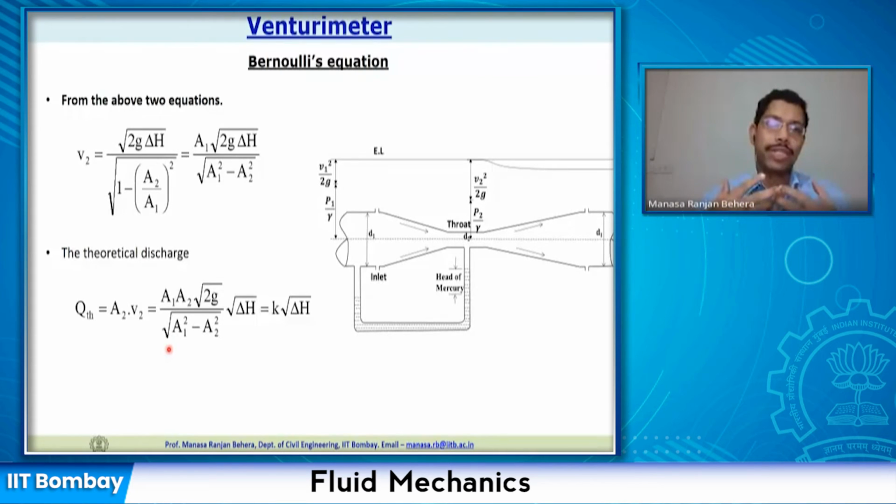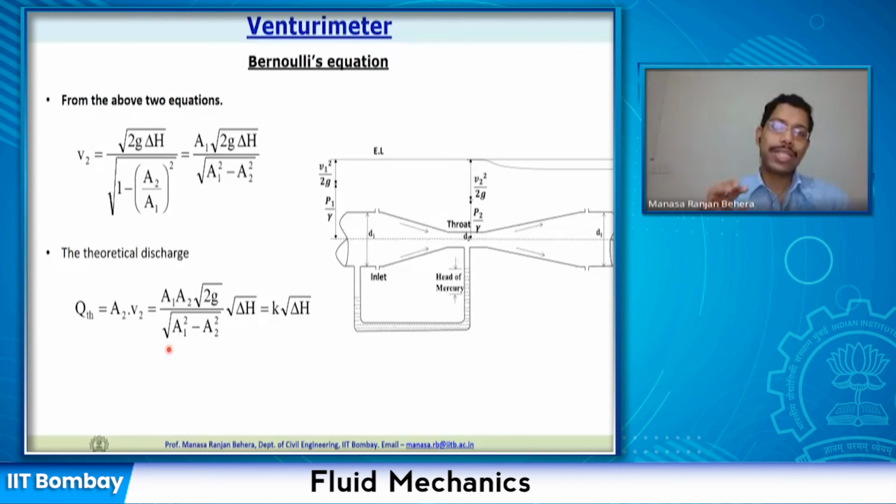Now, if in a laboratory we measure and find out the actual discharge through the pipe, the flow that is coming out, we can collect it in a container and see what volume is collected in a given time, and from that we can find the discharge in meter cube per second, right?